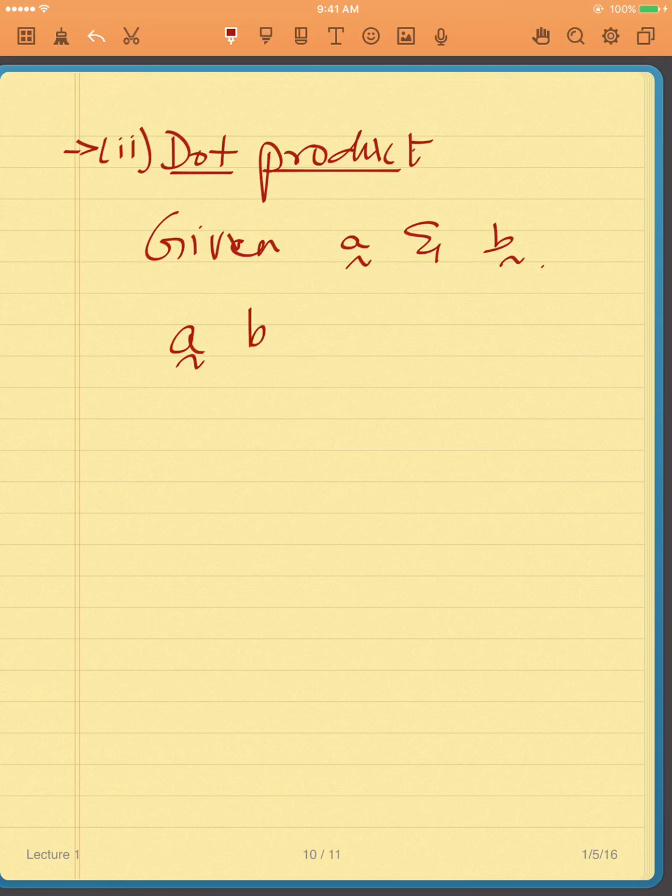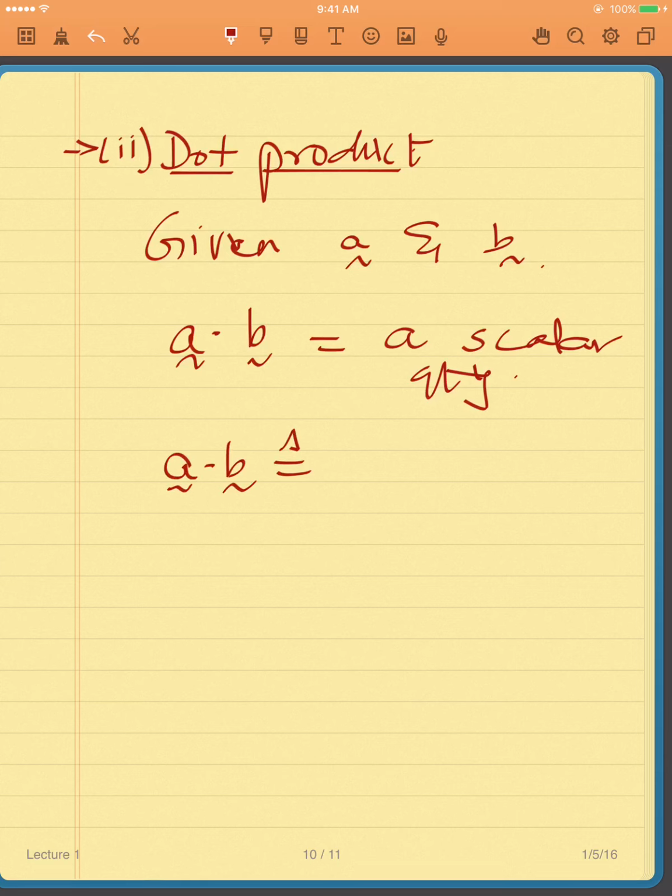You write the vectors A and B next to each other, and in between them you put a little dot, right? And the resultant of it is a scalar quantity. A scalar quantity is what comes out of a dot product, right? And by definition, this is the mathematical definition for what a dot product yields.